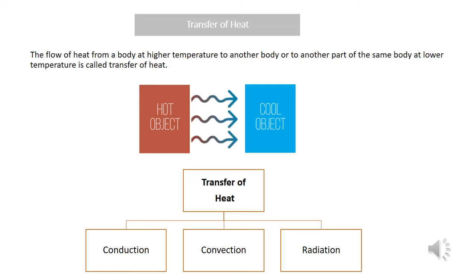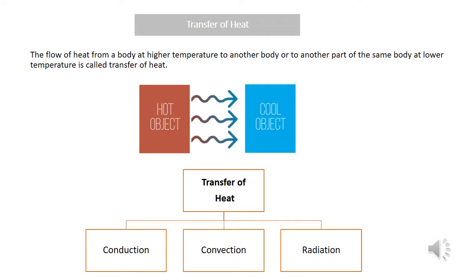So the flow of heat from a body of high temperature to another body, or another part of the same body. Another part of the same body means, see, when you heat rice or anything in the cooker, you must have seen the heat gets transferred to its other end also, isn't it?